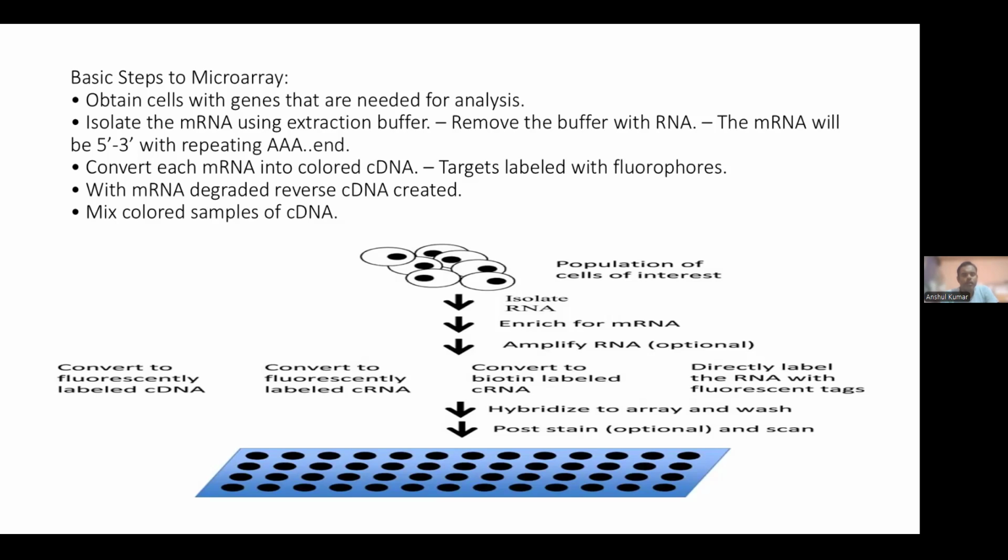With the mRNA degraded, reverse cDNA is created, mixed colored samples of cDNA. Here you can see how the mRNA is collected, and it is in different forms. One is the conversion to fluorescently labeled cDNA, or you can convert it to fluorescently labeled cRNA, or hybridize, then convert to biotin labeled cRNA, or directly label the RNA with fluorescent tags.